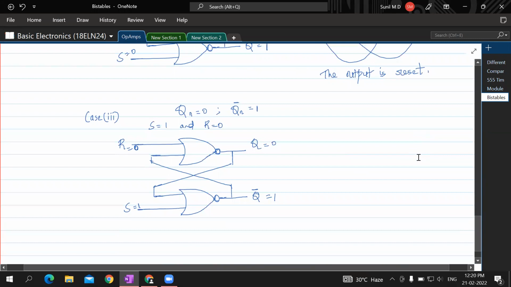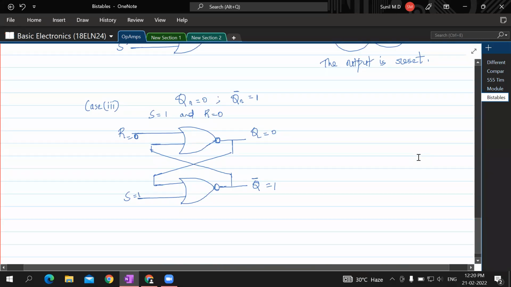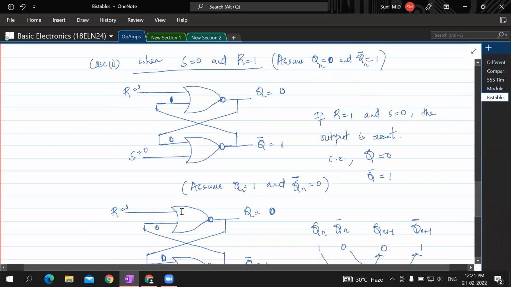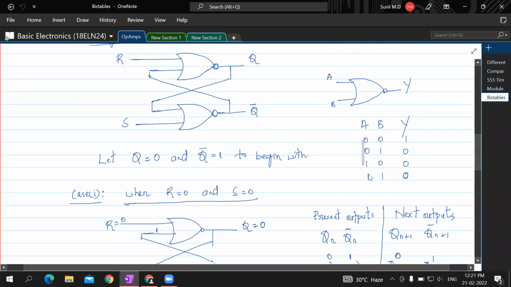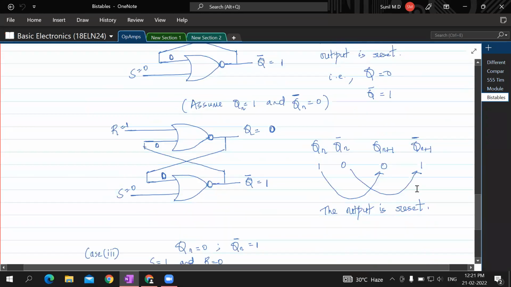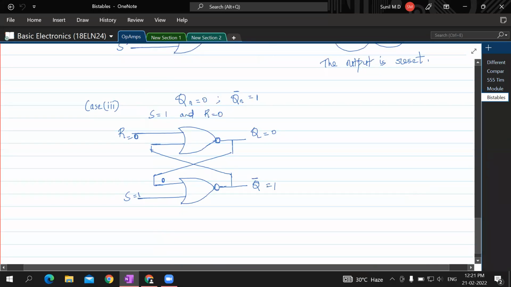Here Q is 0 and S is 1 here as of now. So when the set is 1 and this is 0, what would this be if any one of the inputs is 1? If any one of the inputs is 1, the output is 0. So that means this would become 0. Q bar would become 0.